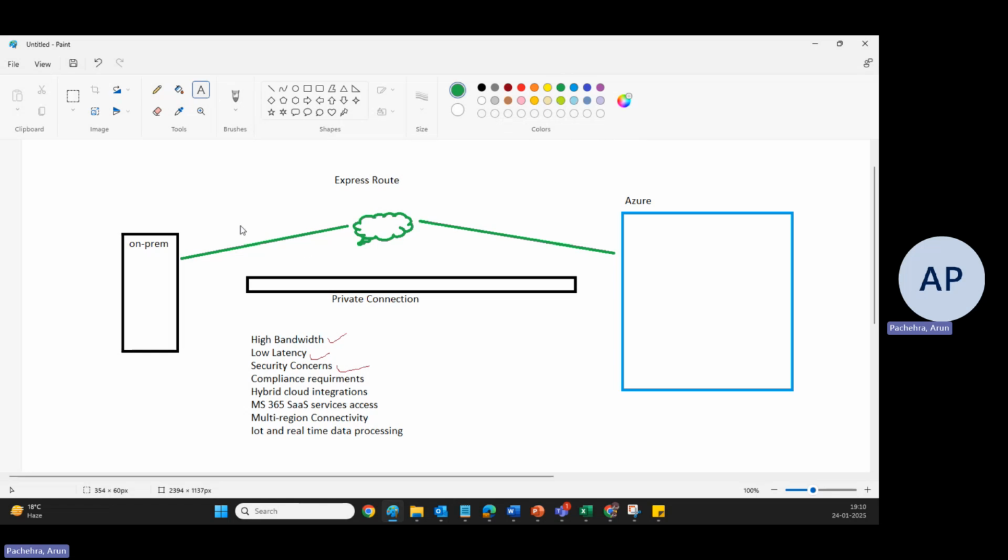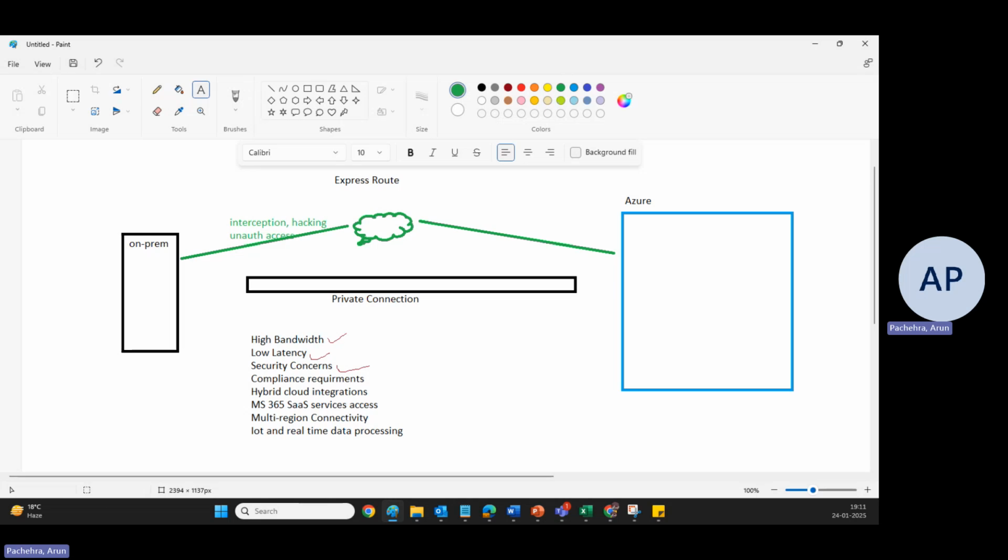What kind of issues? Interception, hacking, or unauthorized access. So there are security concerns, right?